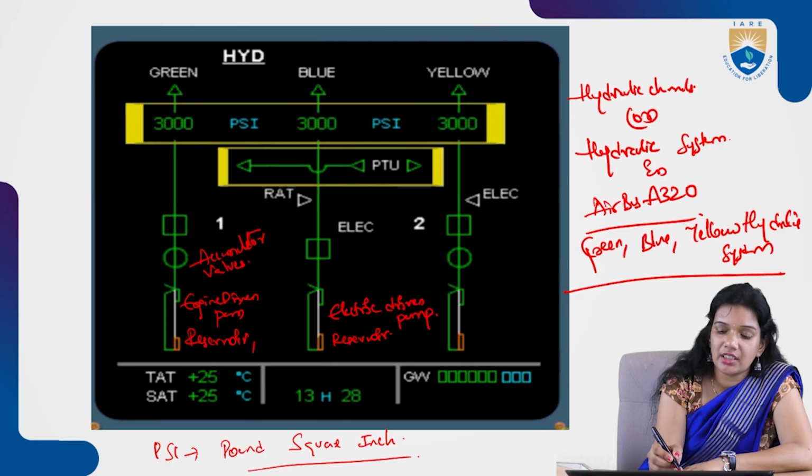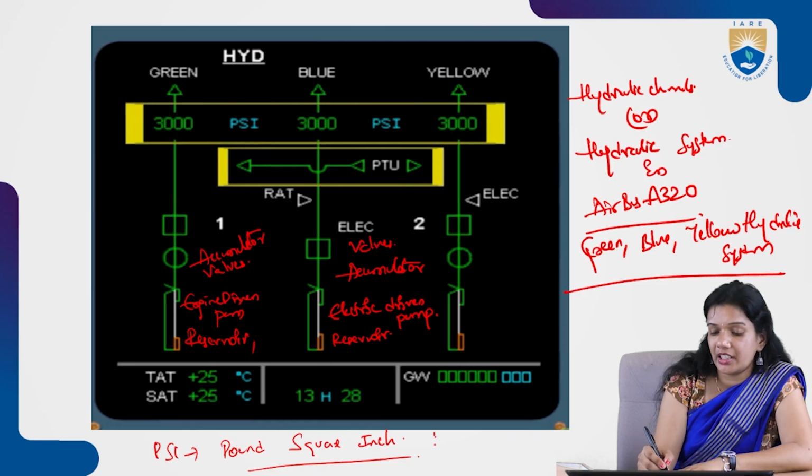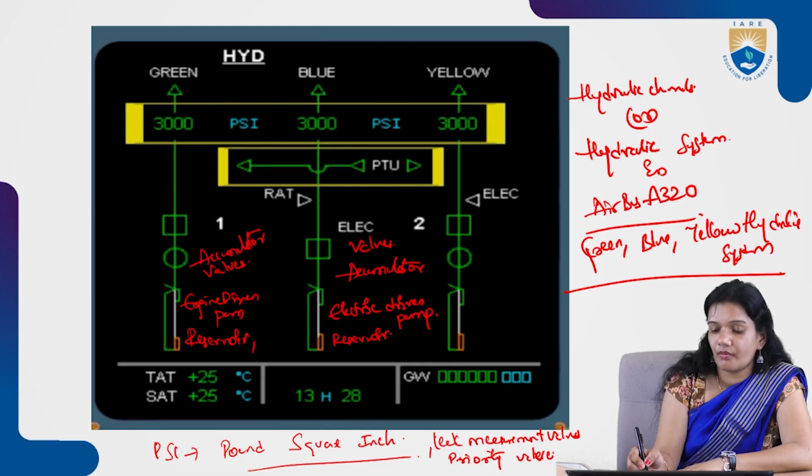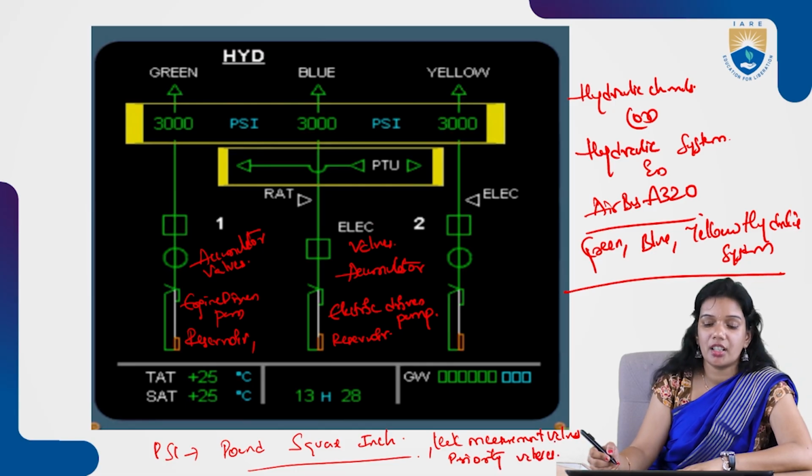Then we do have an accumulator as well, and different valves, such as leak measurement valves and priority valves, right? So that is the blue channel.